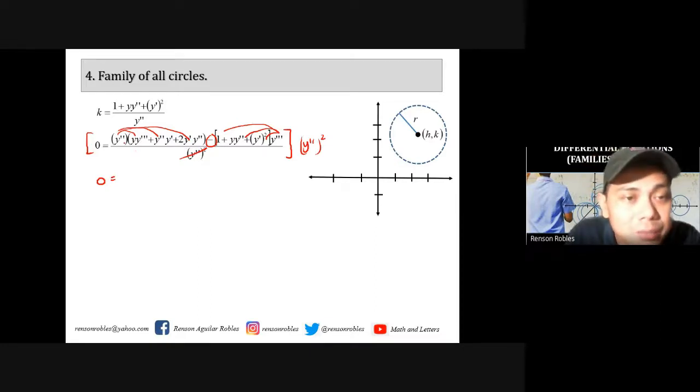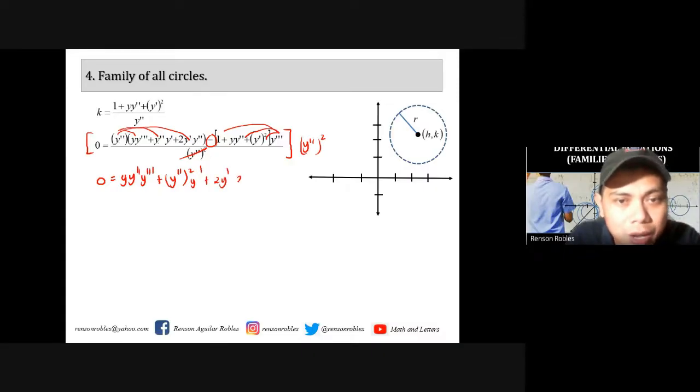And then distributing y double prime, so you have y double prime, y triple prime, plus y double prime times y double prime, y double prime square times y prime, plus 2y prime, then there's y double prime here, so you have y double prime square. And then you do the same here. Let me just remove this annotation.